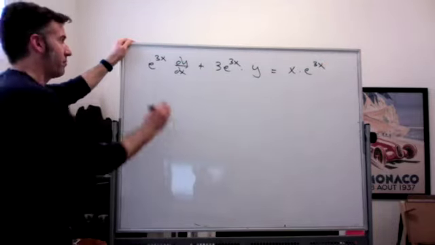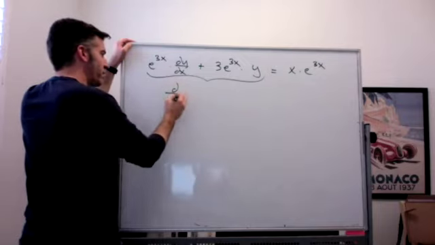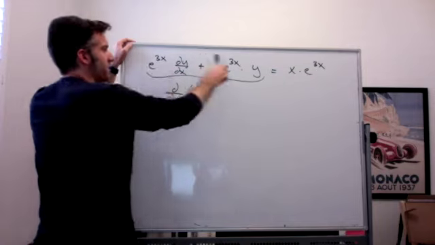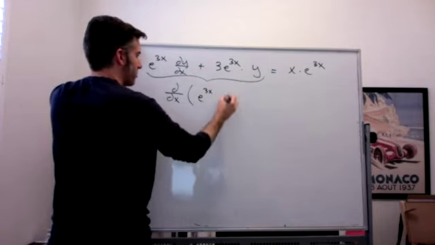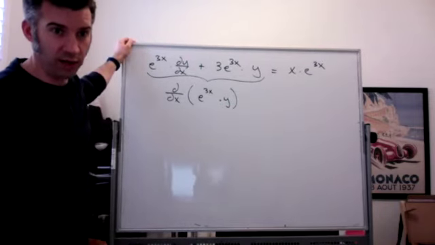Okay, this whole left side here is the derivative of the product e to the 3x times y. Let's just check mentally real quick.